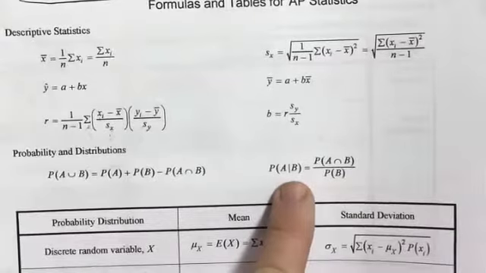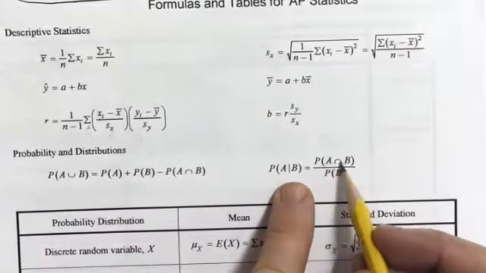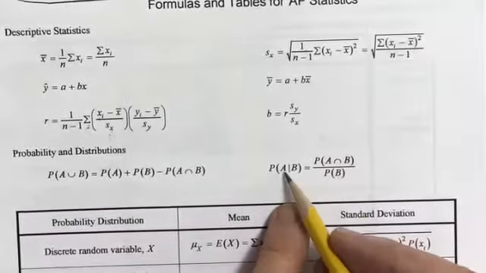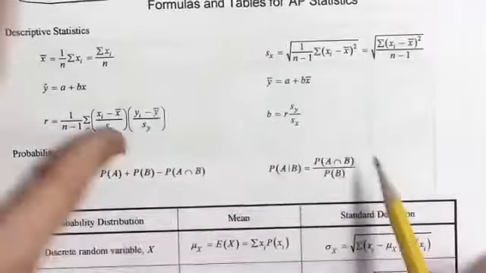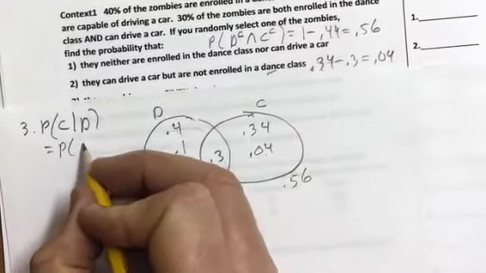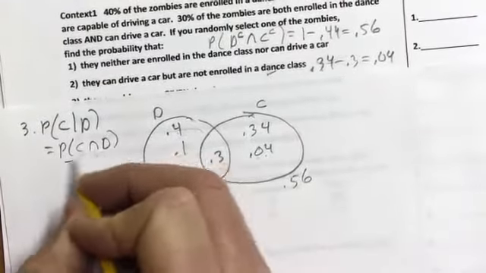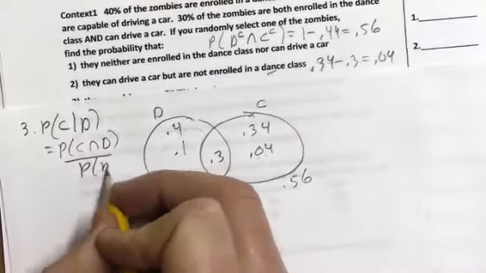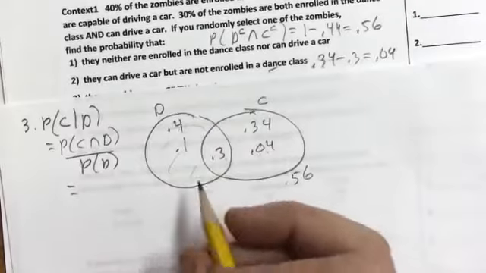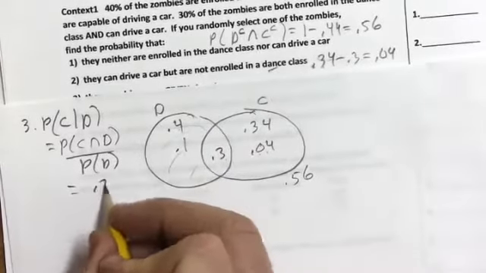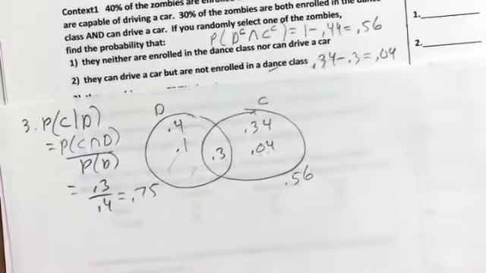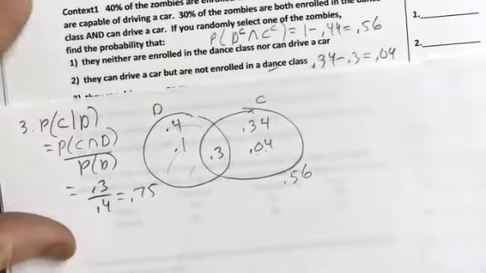The probability of A given B is the probability of both A and B over the probability of the given, the second one. So in this case, it's the probability of C and D, the overlap, over the probability of D. C and D is 0.3, over the probability of D, which is 0.4, and that's 0.75. So that's the answer to number 3.